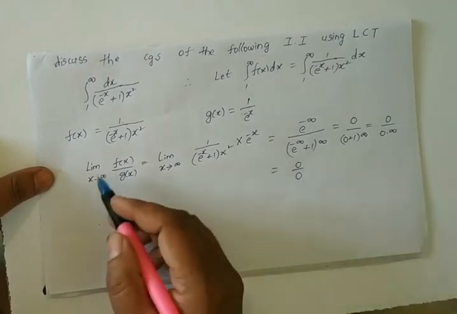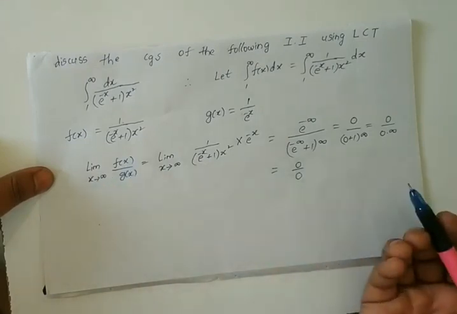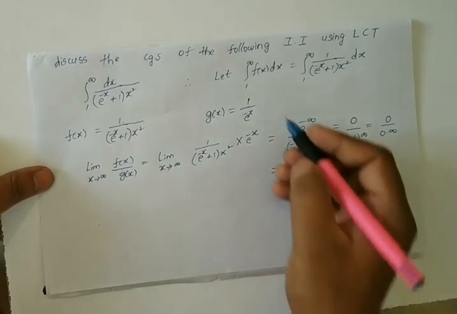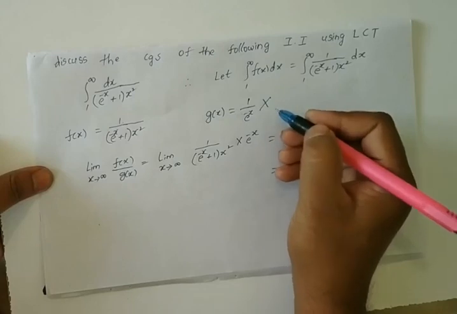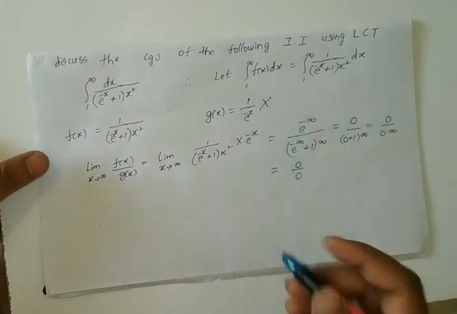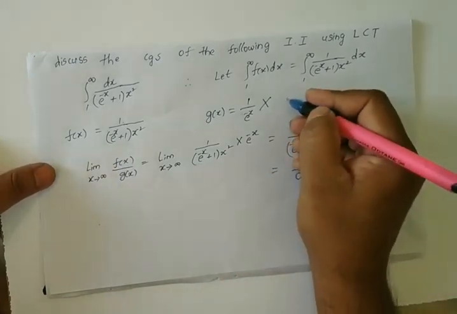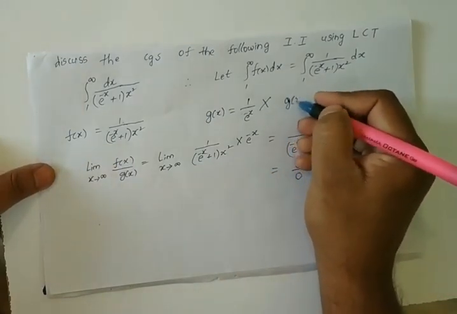That means the limit of f of x by g of x does not exist. So in this case you cannot take g of x as 1 by e power minus x. You can choose another function g of x.